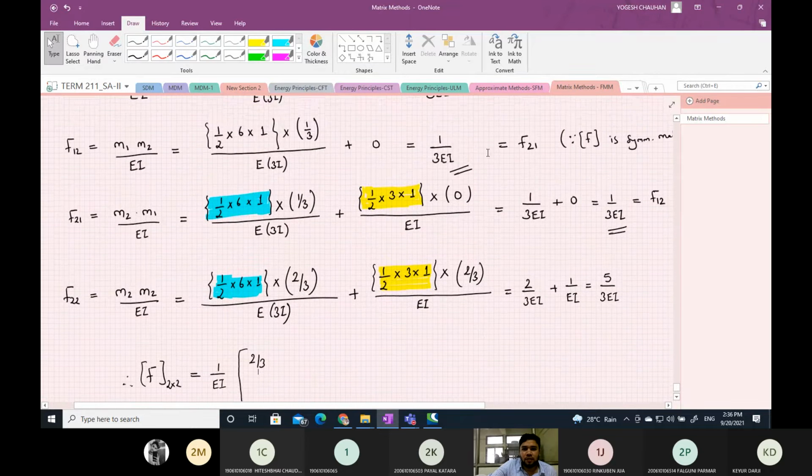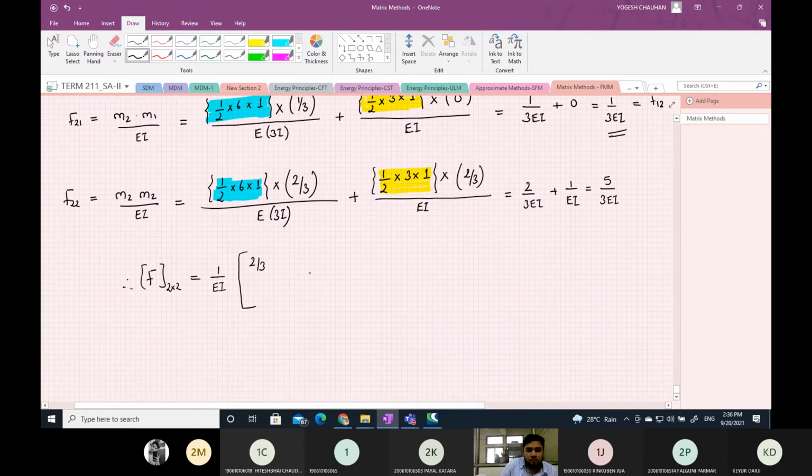F21 and F12 are 1 by 3, so this component will be 1 by 3, 1 by 3, and this will be 5 by 3. Or you can take 3 as common also, so it will be 1 by 3 EI, and 2, 1, 1, 5. Whichever is convenient to you, you can take that.